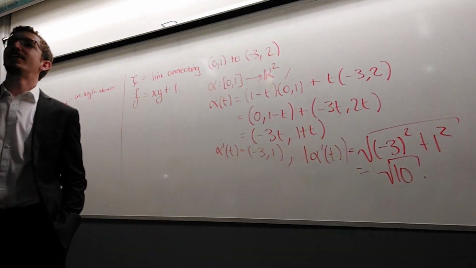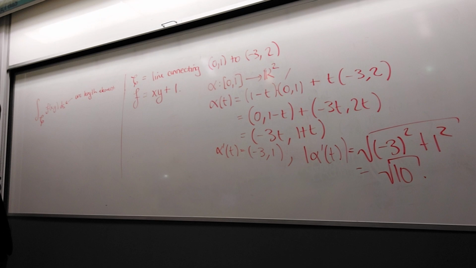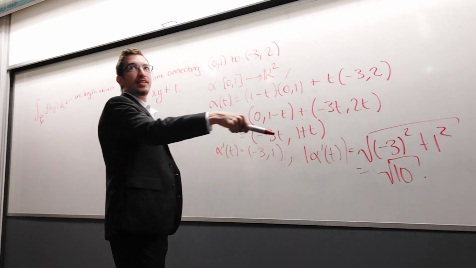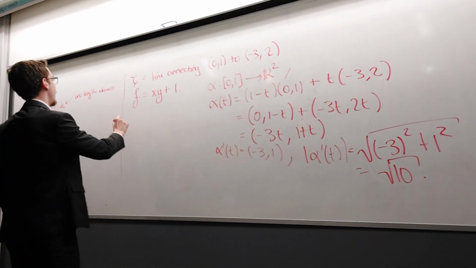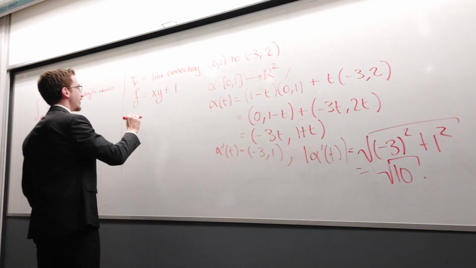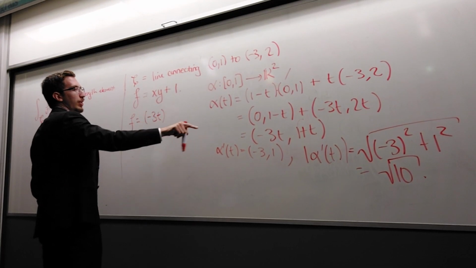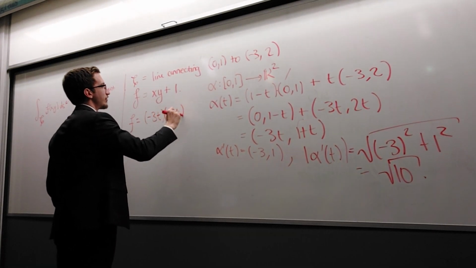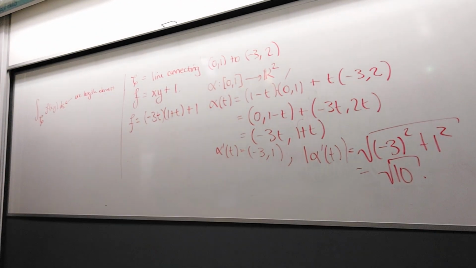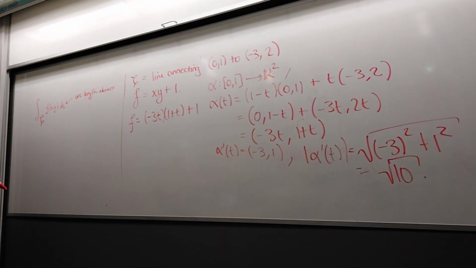Put your a and b coordinates in place of x and y. So this is now x, this is y, right? Excellent. So now x is minus 3t, y is 1 plus t, and then I have a plus 1. So it's minus 3t squared, minus 3t plus 1.